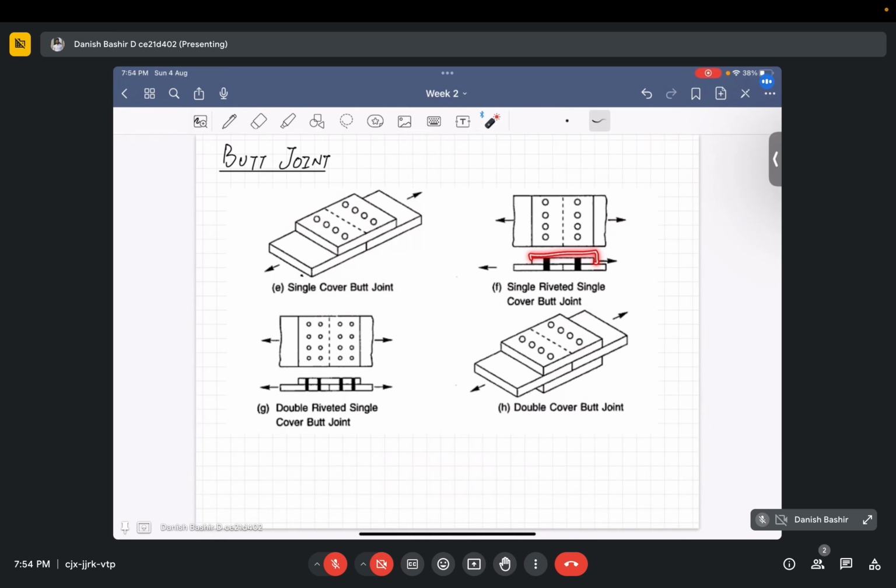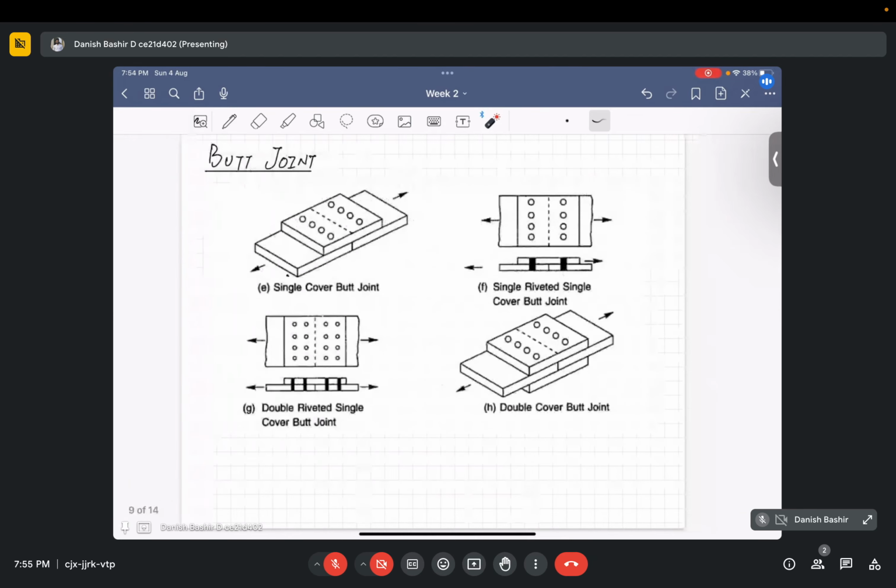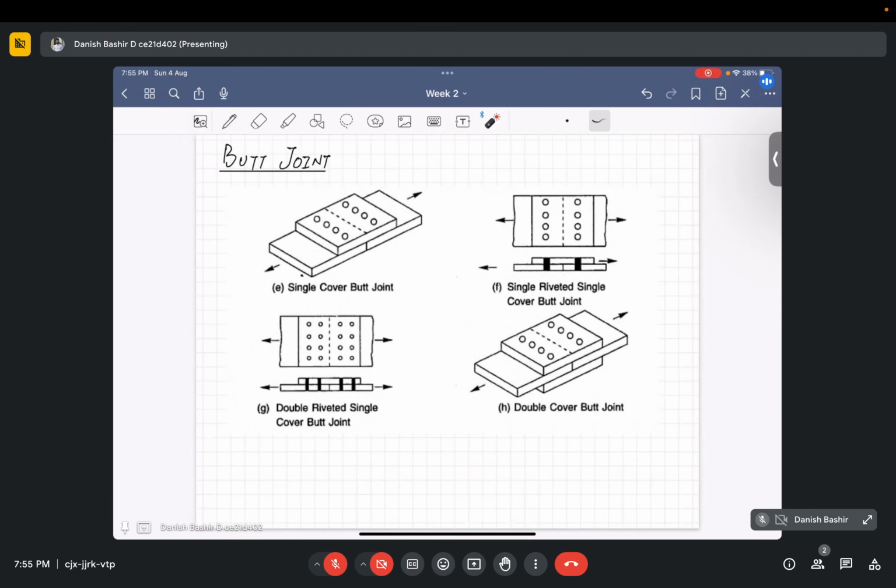There is only one cover plate and only a single line of rivets on both sides. If there is a double line of riveting, it is known as double riveted single cover butt joint. A double cover butt joint has two plates, one on each side. There can also be different types like these.